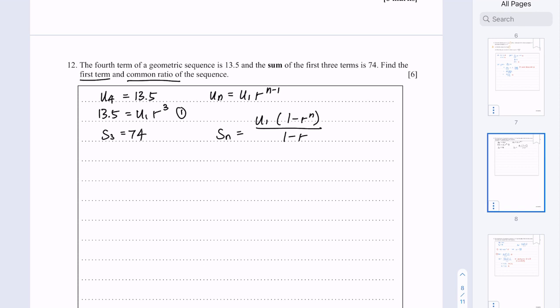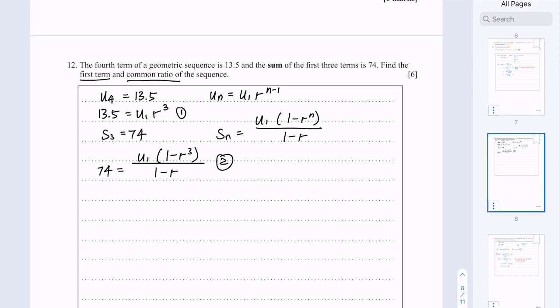So I can rewrite the second piece of information I've been given as 74 equals u sub 1 times 1 minus r to the power of 3, since I'm taking the sum of the first three terms here, all over 1 minus r. This is my second equation.